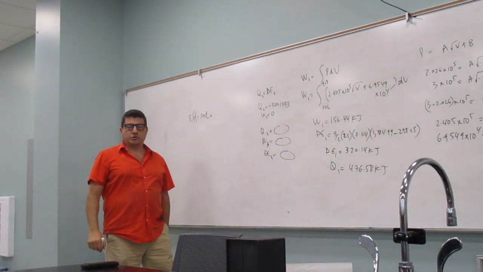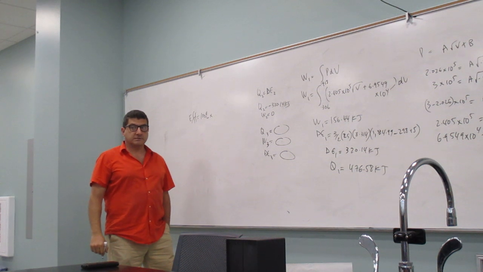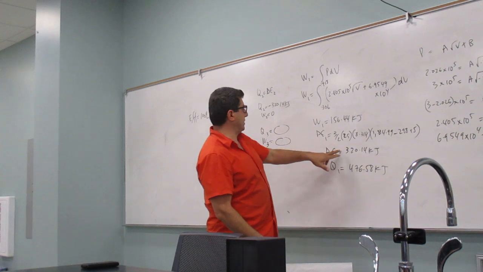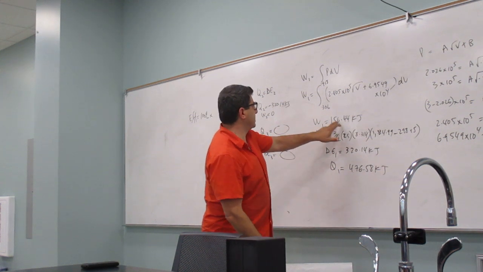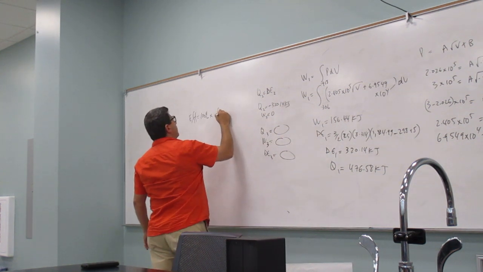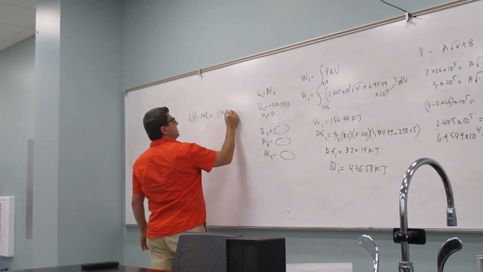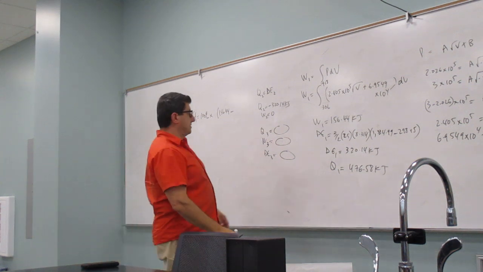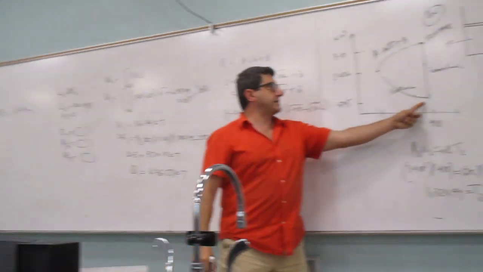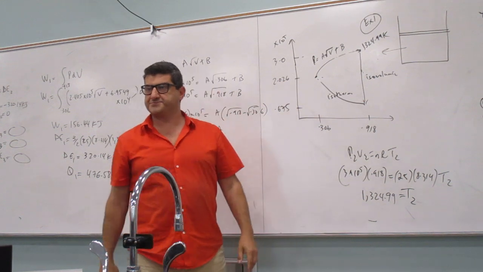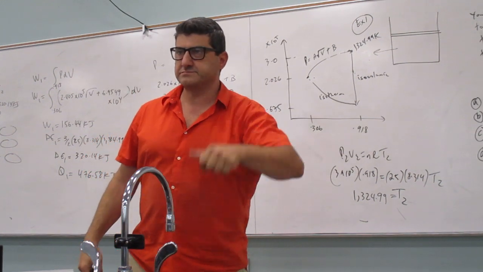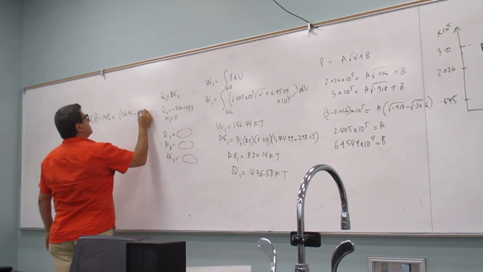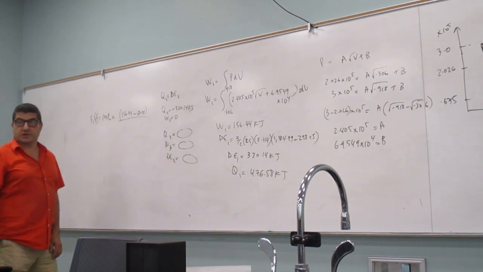It's going to be the total work done by this gas, which is going to be what? This one, 156.44, minus the work done when we were going back. What was the answer for that? The W3, 68.08. Okay, 68.01. So it's going to do more work, right?